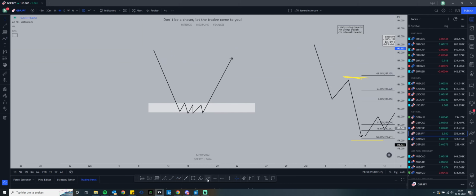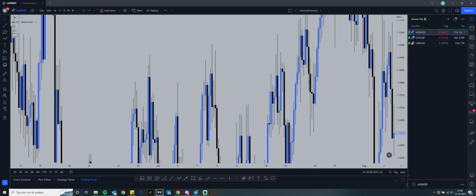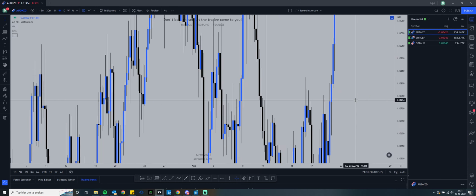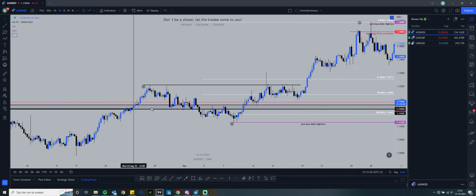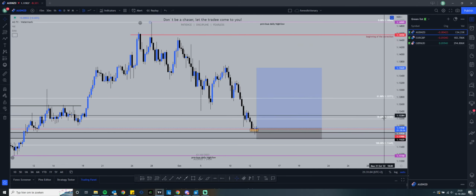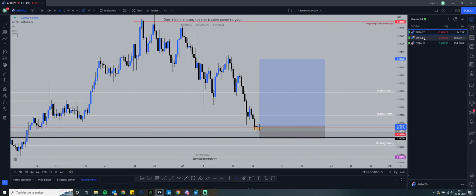For me, it's a little bit hard to draw; it's easier to show. This is a deceleration entry. I will show a different one.